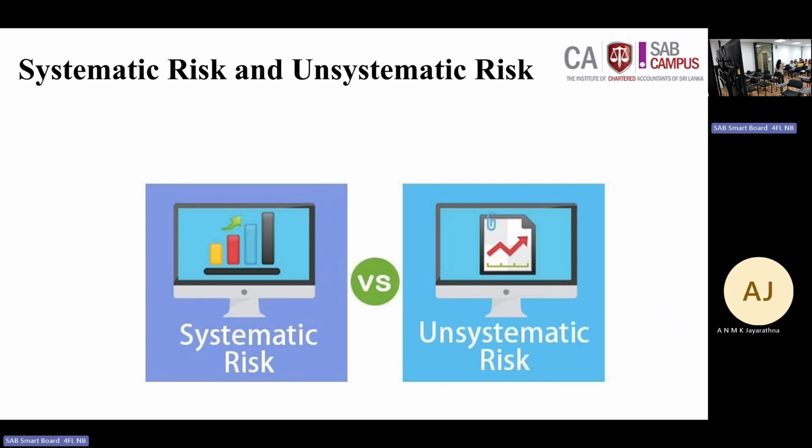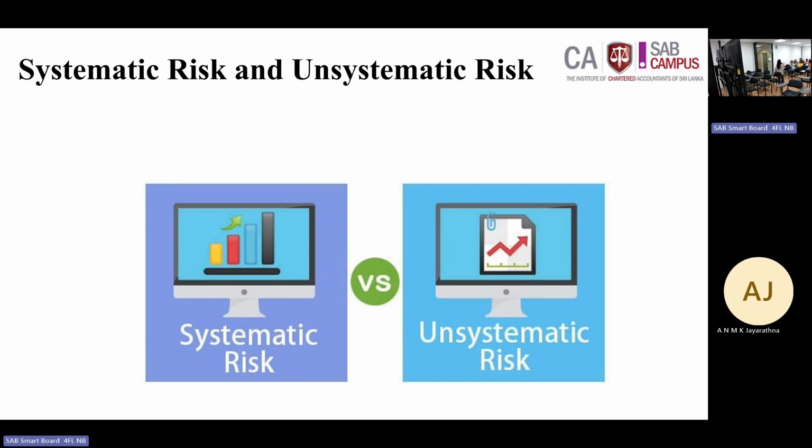Systematic risk is called a non-diversifiable risk, the risk that arises because of macroeconomic factors. So what are the macroeconomic factors in a country?